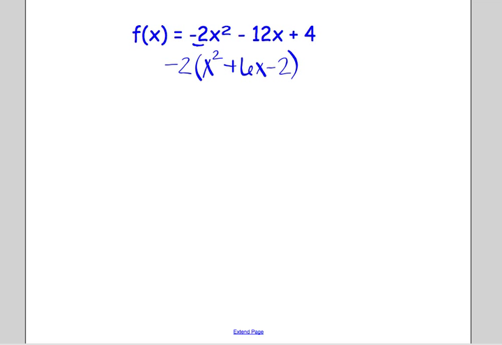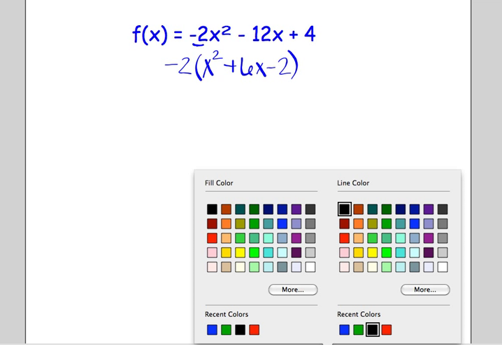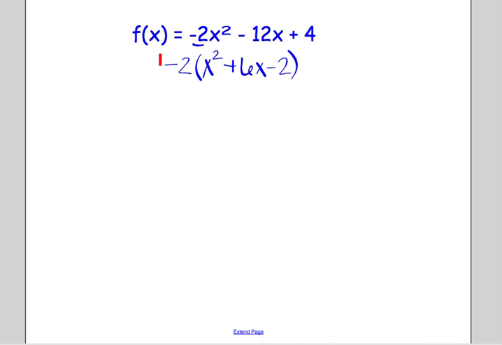Now that we've done that, we want to cover up that -2 for a little bit. We're going to pretend like it's not there. And we're going to go ahead and complete the square as we normally would. Pause your video right now and see if you can work through the process on this one. See if you can complete the square.